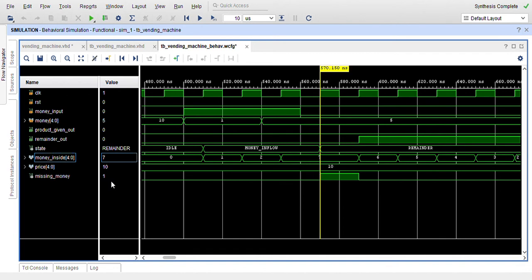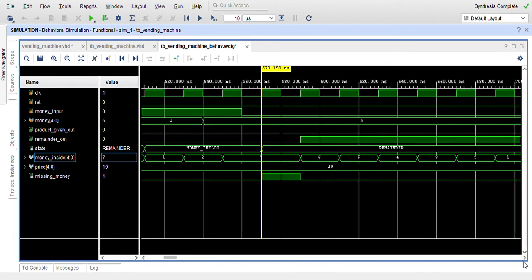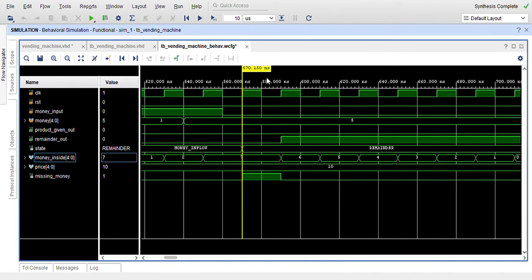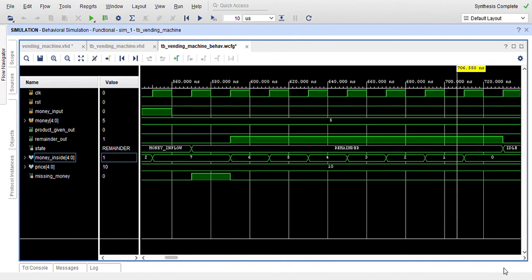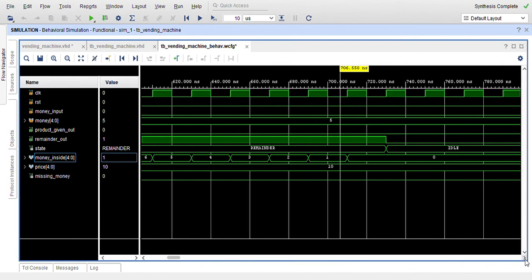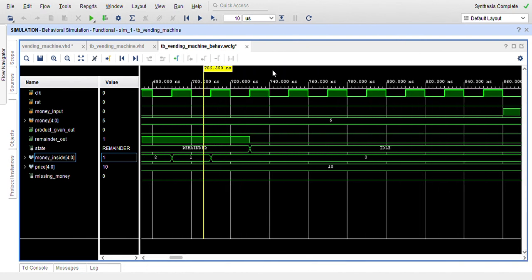It gives the missing money signal, then it will give our money back one by one. 7 Turkish liras, 6, 5, 4, 3, 2, 1, 0. Then again we go back to idle.